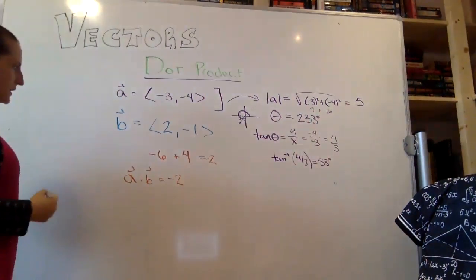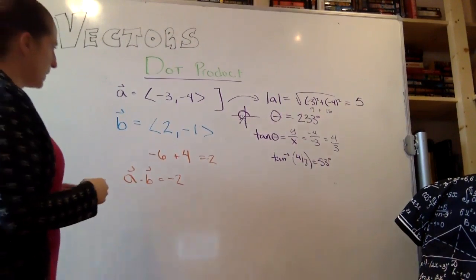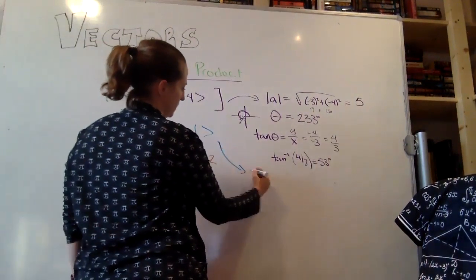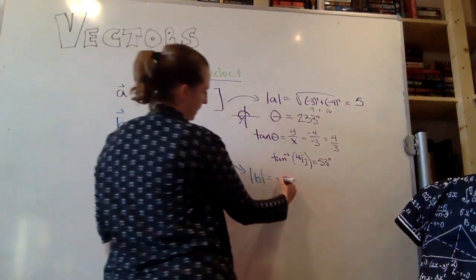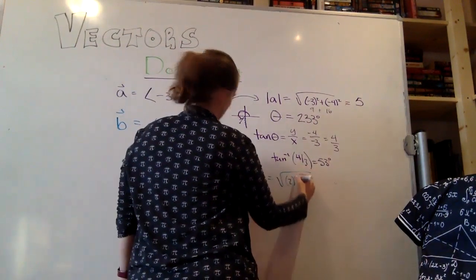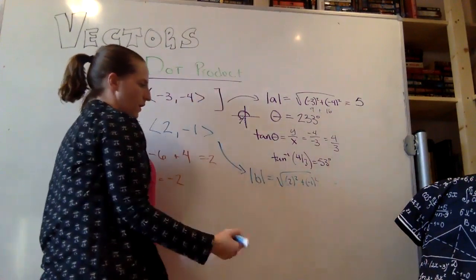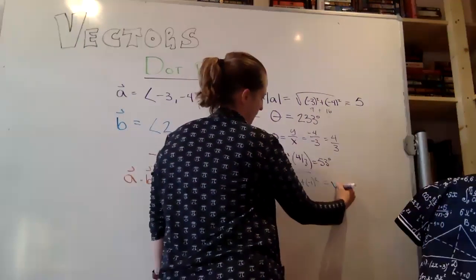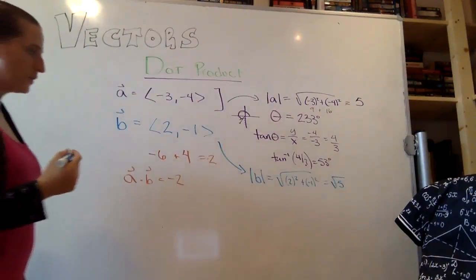All right, let's do the same thing with our vector B. So with our vector B, we first need to find the magnitude of B. So the magnitude of B will be the square root of 2 squared plus -1 squared. 2 squared is 4, -1 squared is 1, so this becomes the square root of 5. So the magnitude of B is the square root of 5.